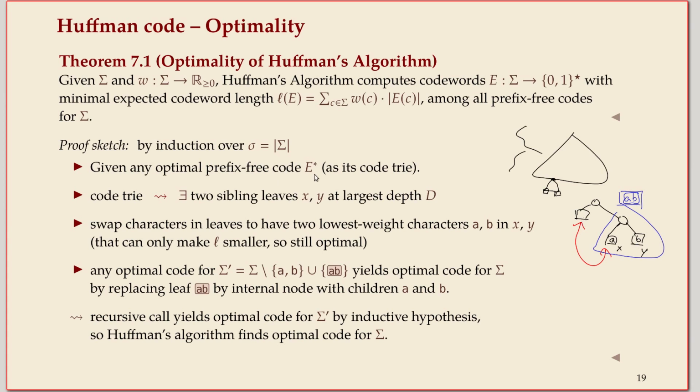And if the original code was optimal, then actually this leaf where they came from must have been at the same depth. Otherwise we would have, well, strictly made the optimal code better. So that's not possible. All right, that means we can always put the two lowest weight leaves in those two lowest hanging leaves, and that was what the algorithm enforced by grouping them as one character, and that's why we can always find an optimal code tree that has the shape of these Huffman trees, and that's why Huffman's algorithm computes an optimal length code.